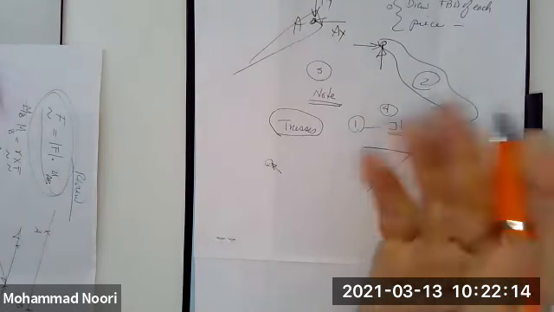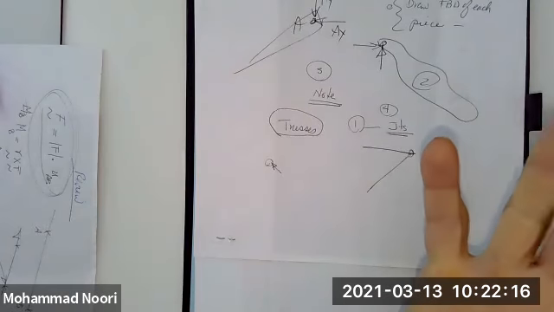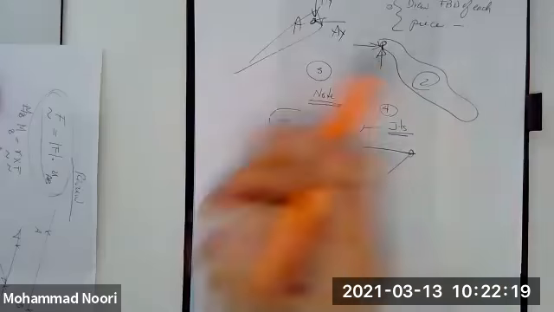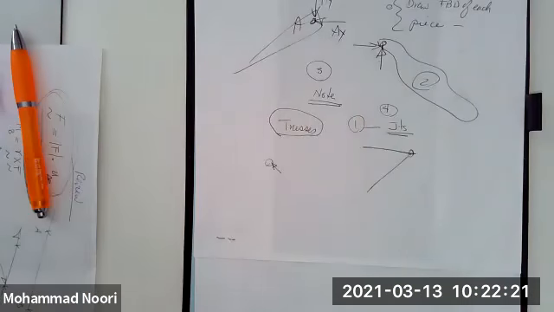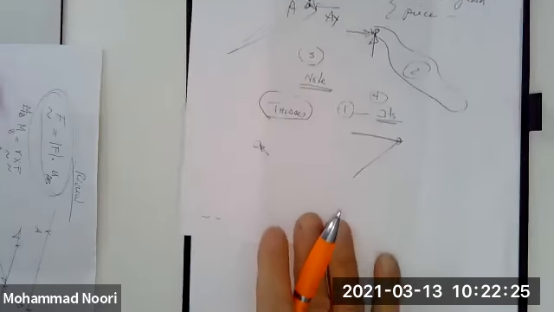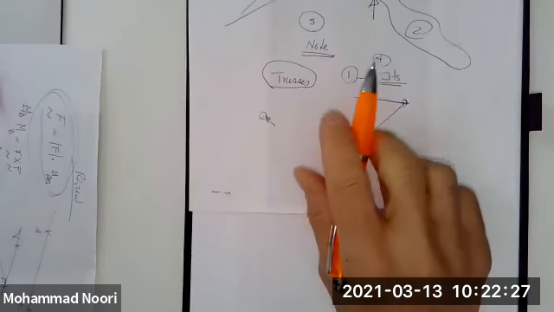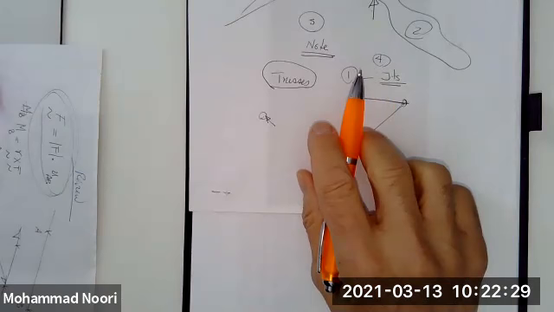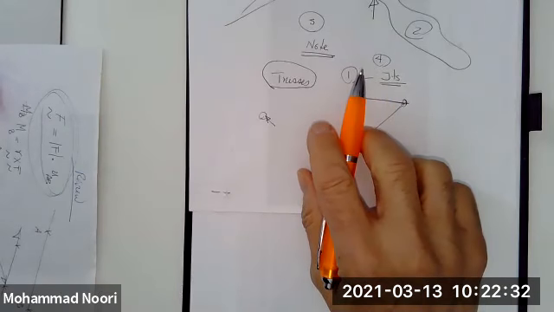Okay, that's it. The method of sections is the same, except you're asked to find only one unknown, one member. So what do you do? You always know you have no more than three equations of equilibrium.